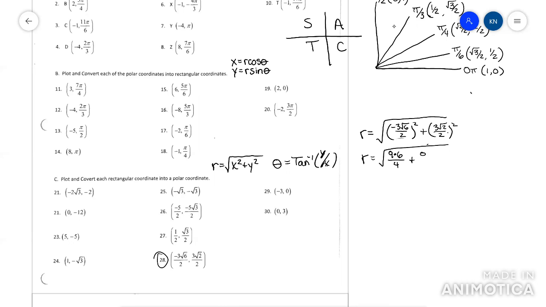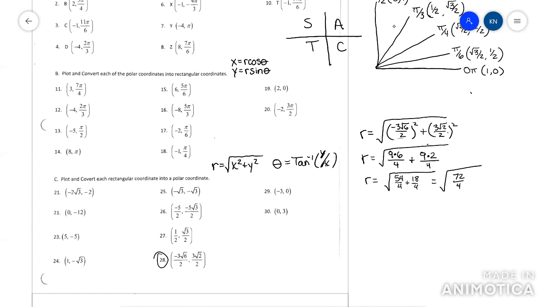The 3 gets squared. The root 2 gets squared. And the 2 gets squared. So it's really like root 54. Oh, not root yet. Sorry. It's really like 54 over 4 plus 18 over 4. Well, that's the square root of 72 over 4.